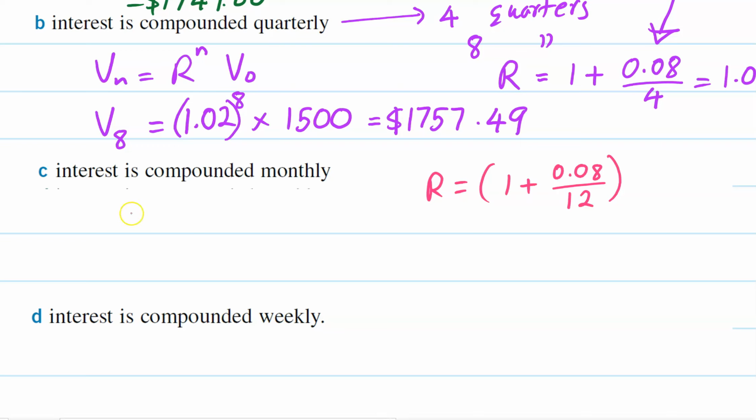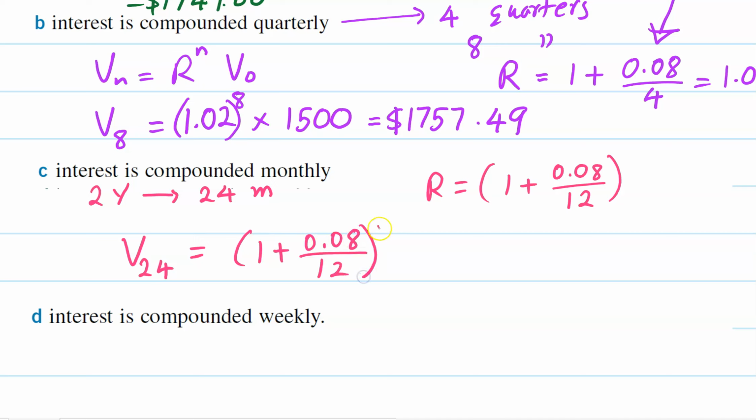For 2 years I would have 24 months. Hence V24: my R is 1 plus 0.08 on 12, to the power 24, times 1500.